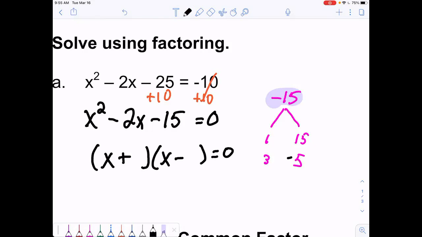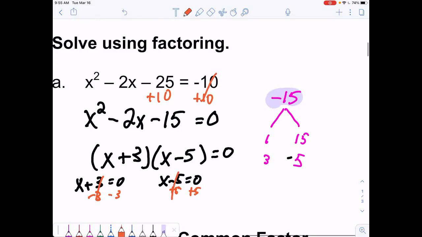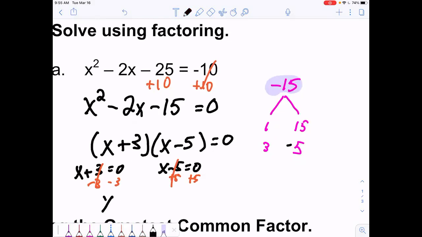Yeah. So 3 is positive and 5 is negative, right? 3 minus 5 gives you negative 2. Good. What's the last step? What do we do with each of those factors? Yeah, we set them equal to 0. And that's it.